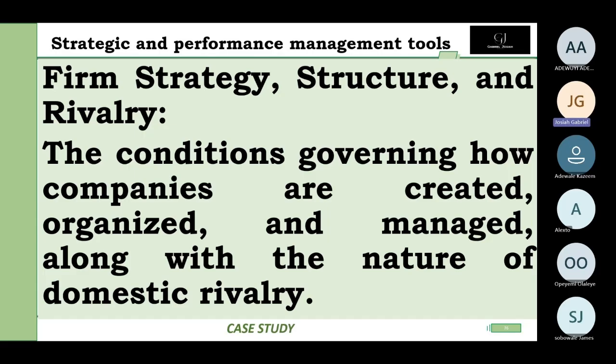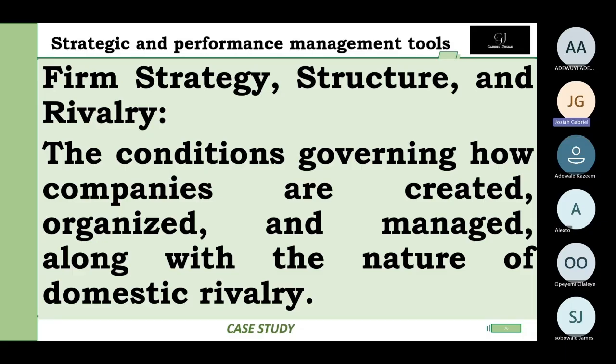So the conditions governing how companies are created, organized, and managed, along with the nature of domestic rivalry, competition among those that provide almost the same substitute or kind of products, is also a component that must be taken into cognizance by businesses that provide goods and services in that country or that region.